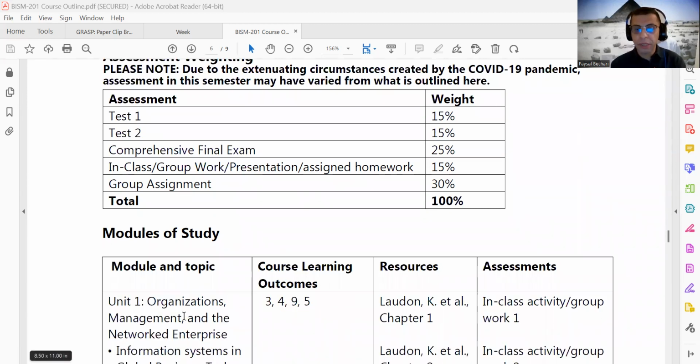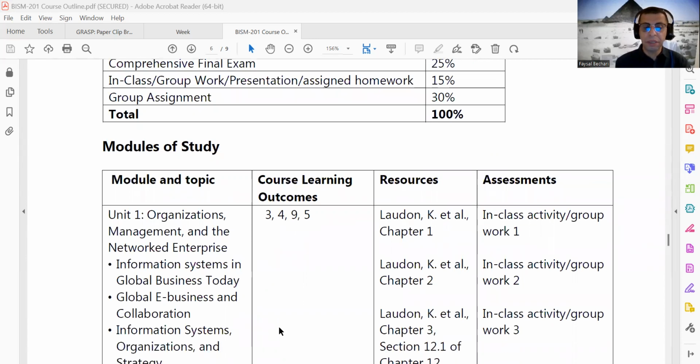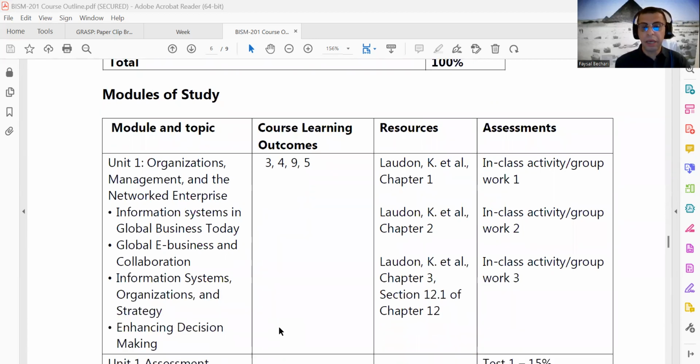What we will be covering from the book: chapter 1, where we talk about organizations, management, and networked enterprises. We're also going to talk about other aspects like information systems, local and global e-business, and that's in chapter 2.